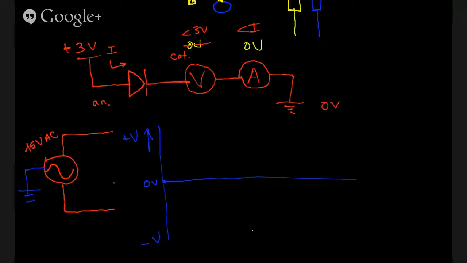And our other axis here would be time. If we were to make a graph of our household domestic current, it would be a sine wave. And that's a really crappy sine wave.